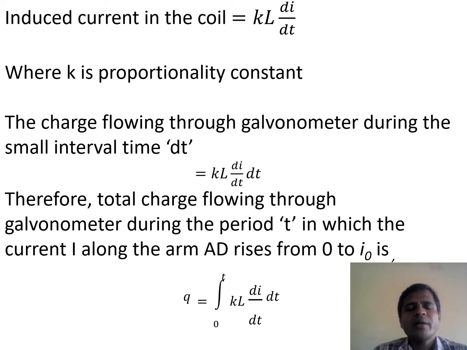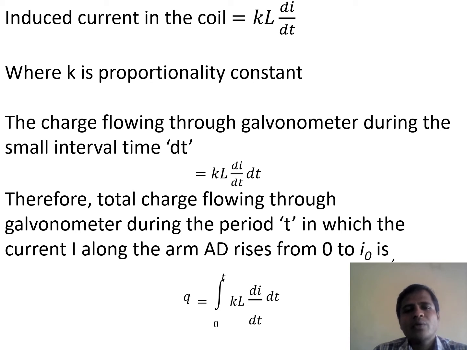The induced current in the coil is given by K into L into di upon dt, where K is the proportionality constant. Then the charge flowing through the galvanometer during the small interval of time dt is equal to K into L into di upon dt into dt.